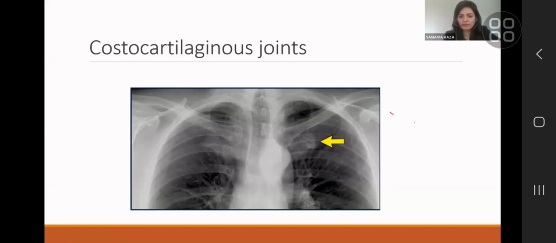What is not acceptable is for you to describe it every other day, because that's how commonly you will see this appearance. You will see it on every 10th or 12th X-ray once you look at it. And now if you go back and notice it, you will see that this junction is very dense in normal people. Again, it's still possible for a tumor to be hiding behind that.